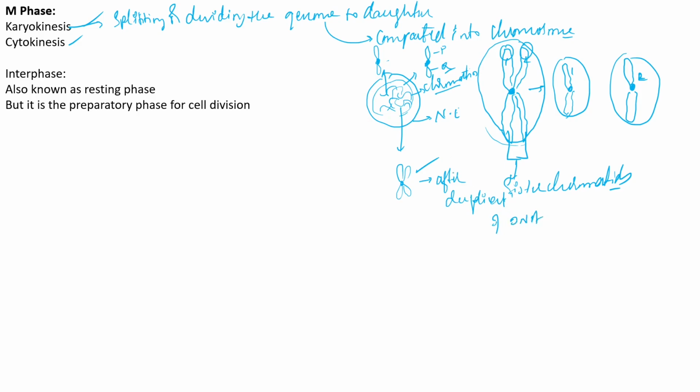Remember this. This arm that I have shaded over here is actually a copy of this arm. So these sister chromatids are copies of each other.